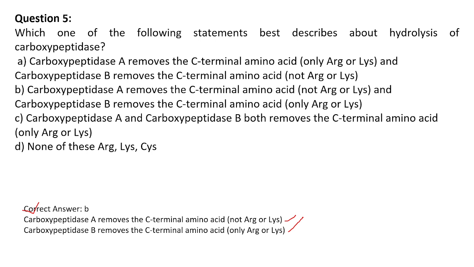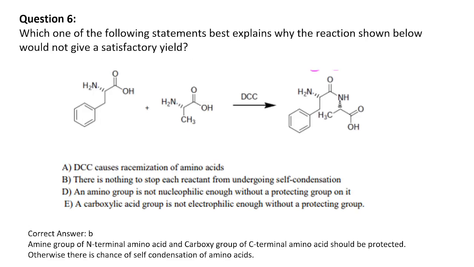A coupling reagent called DCC is used to couple them, acid and amine coupling, to yield this peptide bond. So it is saying this will give a poor yield. What could be the reason?